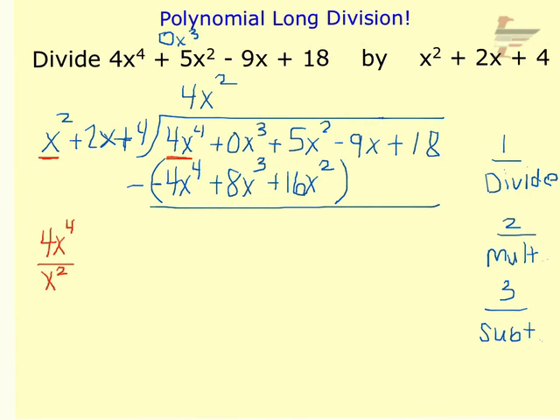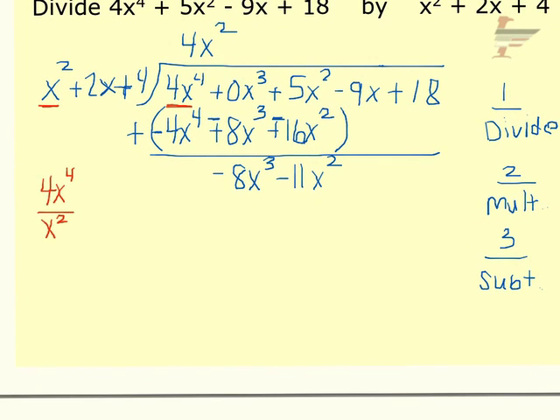So I change this to a plus, and then I change all of these signs so that I hopefully catch it. So my x to the fourths cancel out. 0 minus 8 is negative 8x cubed. 5 minus 16 is negative 11x squared. And then your fourth step is to carry down.